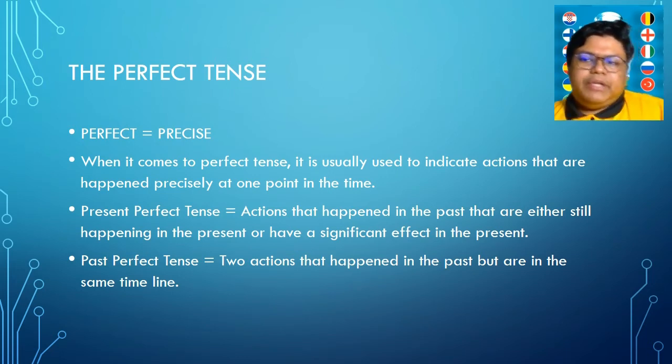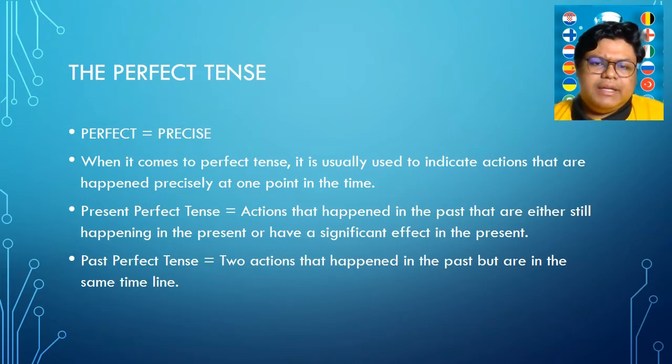But now we are looking into past perfect tense. So past perfect tense is used when we are talking about two actions that happened in the past but are in the same timeline.